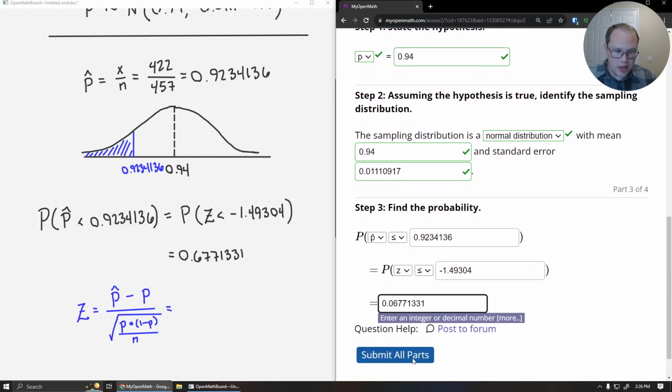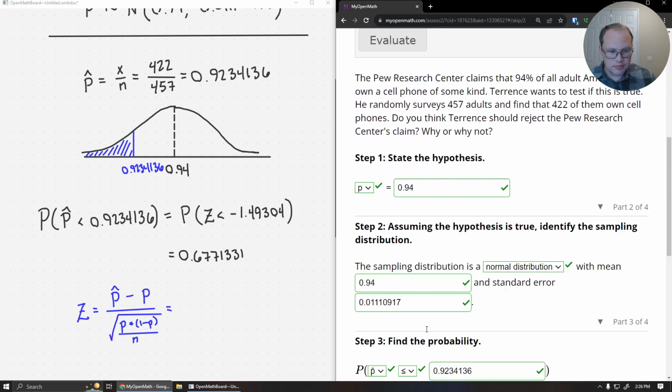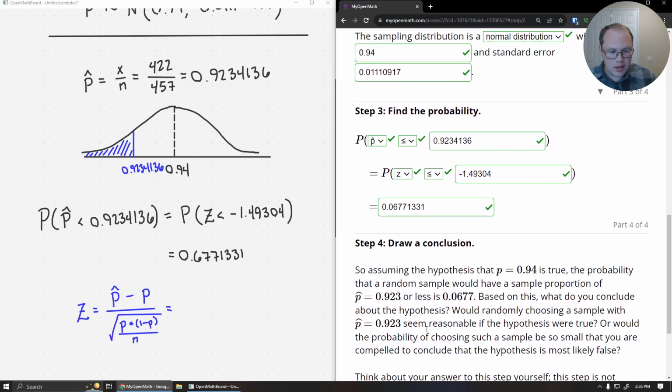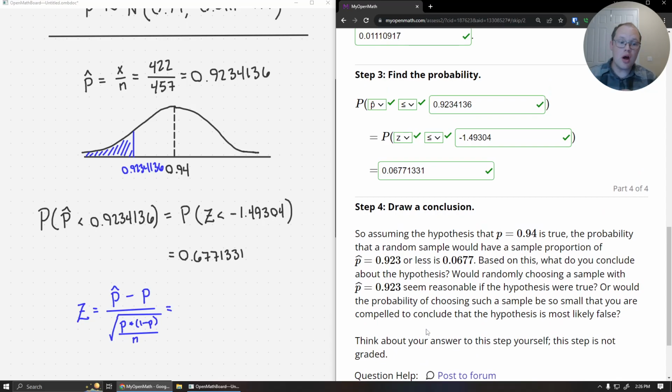That's step 3 done. Finally, step 4, we need to draw a conclusion. Okay?